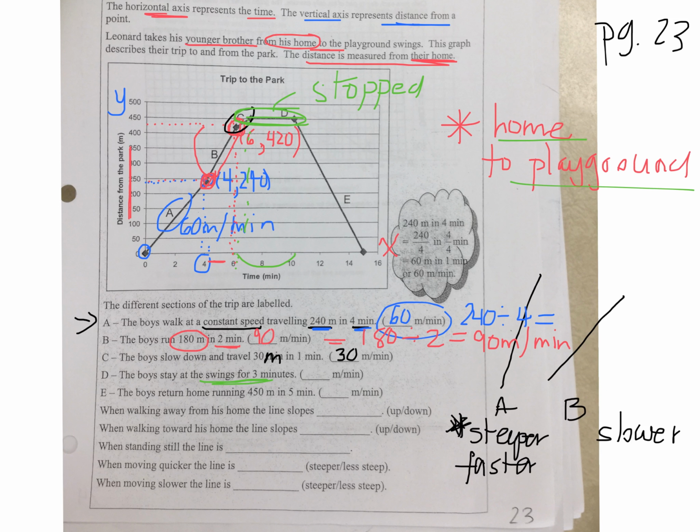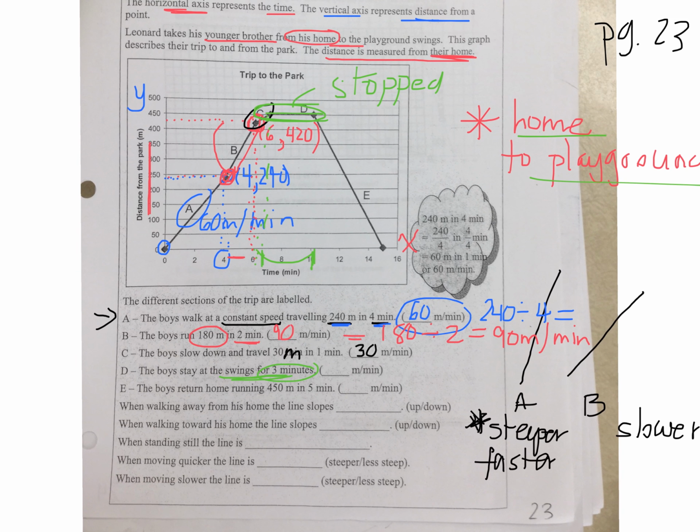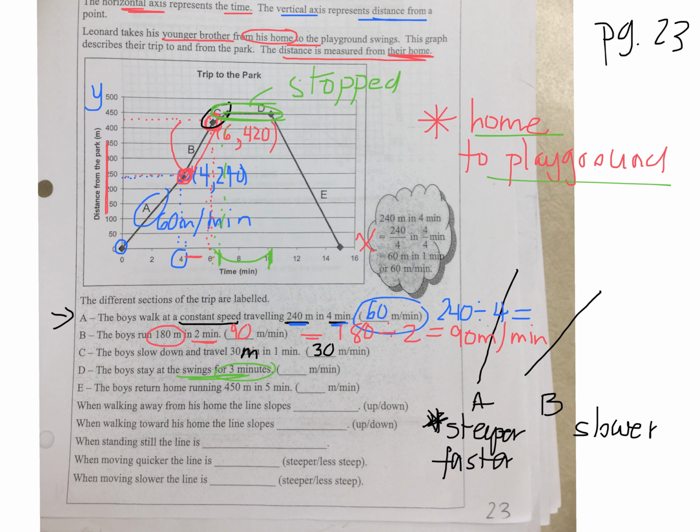Approximately, they got there around the 7-minute mark and they left at the 10-minute mark. So how long are they at the park for? 3 minutes. It's kind of a boring trip, isn't it? If they're not moving here, how many meters did they travel? They traveled 0 meters at that point. They did not move. They were there for 3 minutes, but they're not traveling.